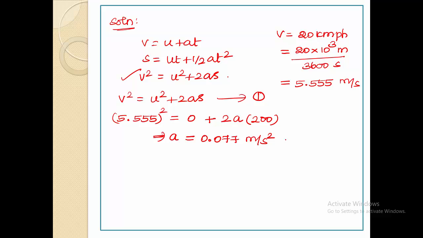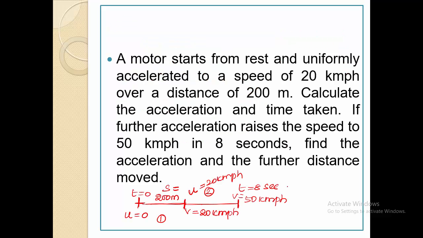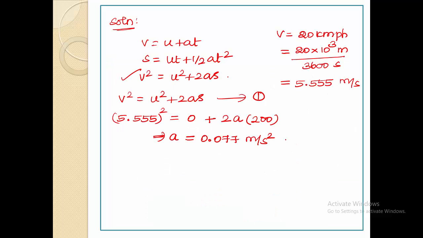For the first condition, we are asked to find the acceleration and the time taken. Now we know the values of v, u, and the acceleration, so we can use this formula to find the time taken to travel 200 meter with an acceleration of 0.077 meter per second square. Name this as equation 2.